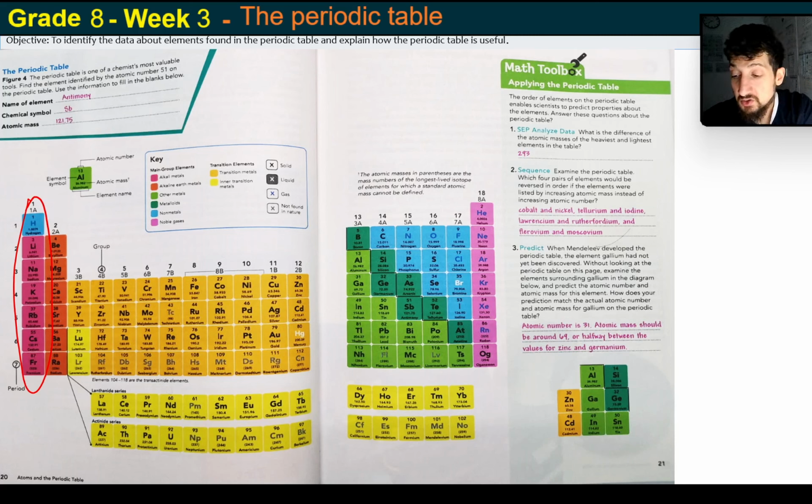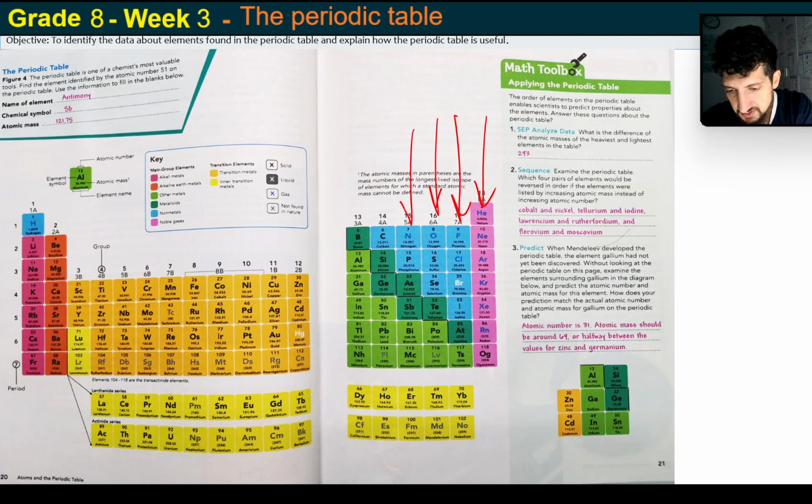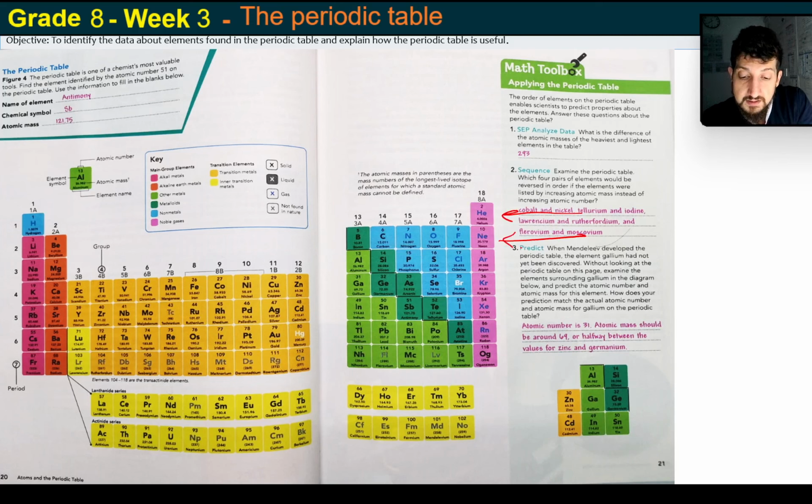So in short, the periodic table is divided into different groups and different periods. Wait, hang on a minute. We haven't talked about periods. We've talked about groups. The columns are groups. But what about the periods? The periods are these here.